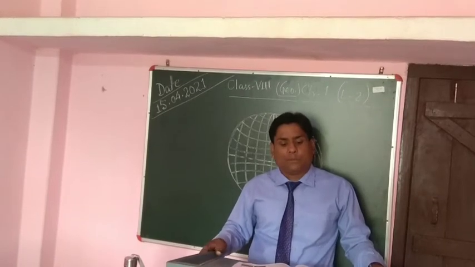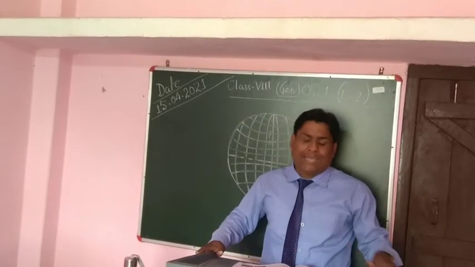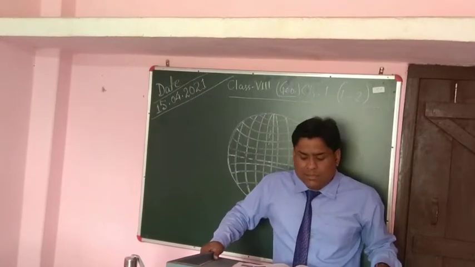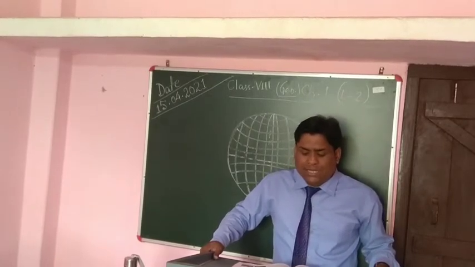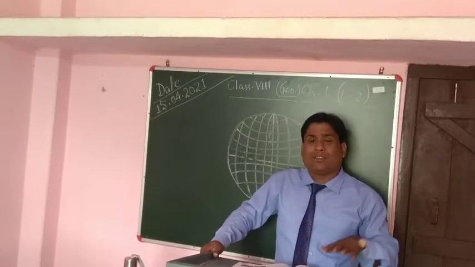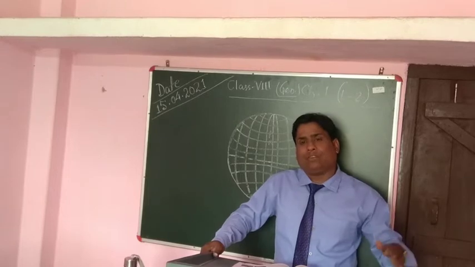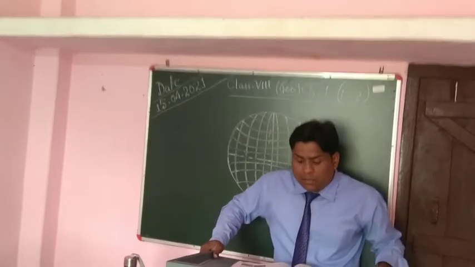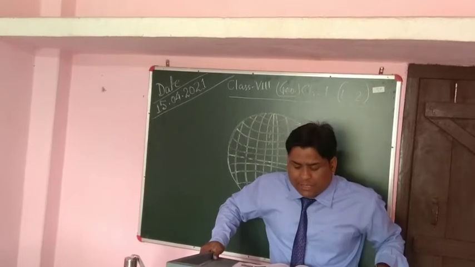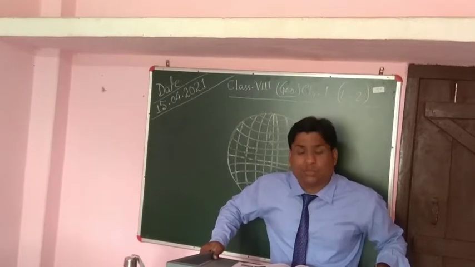But here an example is given that the South African people didn't know how to utilize their mineral deposits. So that was of no use for the South Africans. When the European settlers explored and developed the mineral deposits, they became important resources.